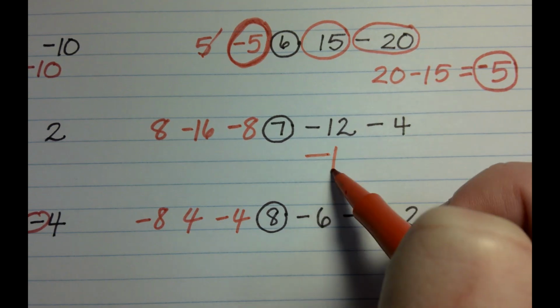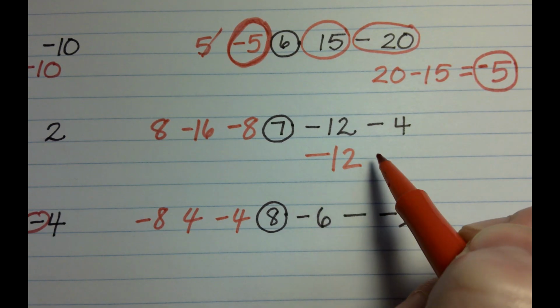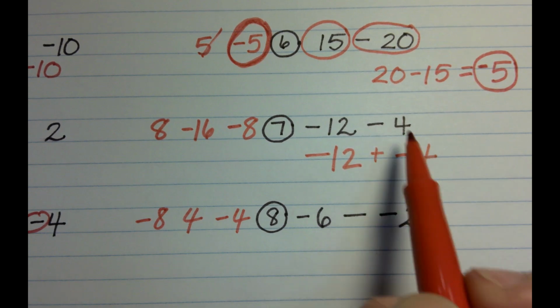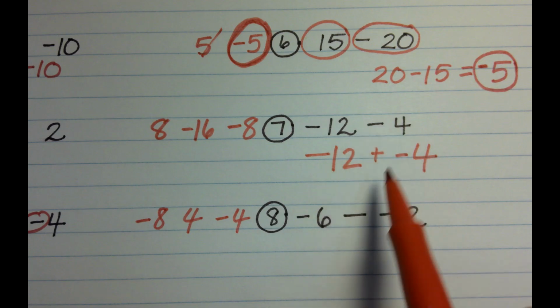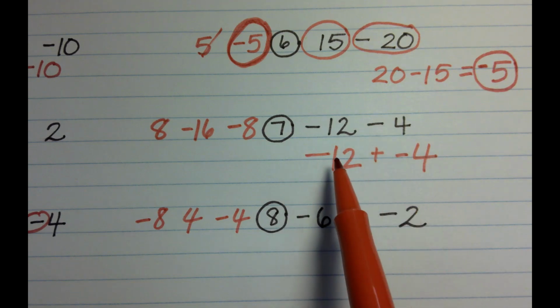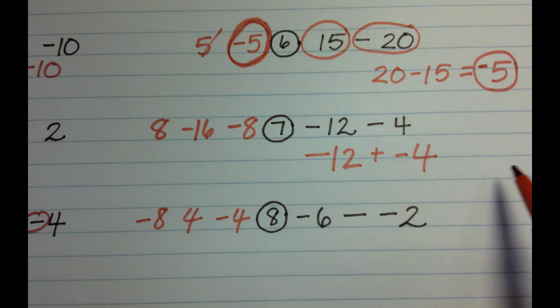Right? So let's rewrite this. -12 plus -4. Adding a negative is the same thing as subtracting. You remember talking about that? Now let's do this one. -12 plus -4. What is that?